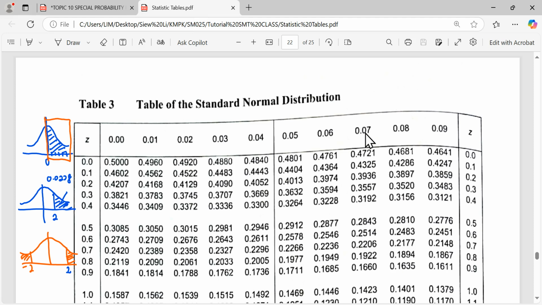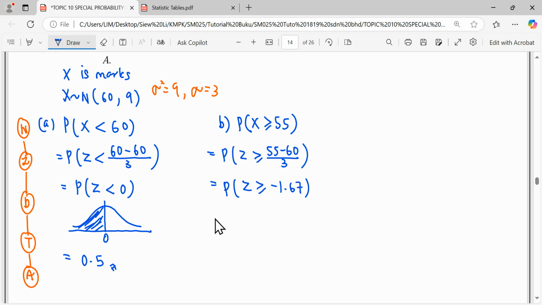As you can see in the Z score table, the first decimal is at the first column, the second decimal at the second column. Then we draw out the region that we want. The Z score position is negative, at the left hand side. More than that, we want this region.